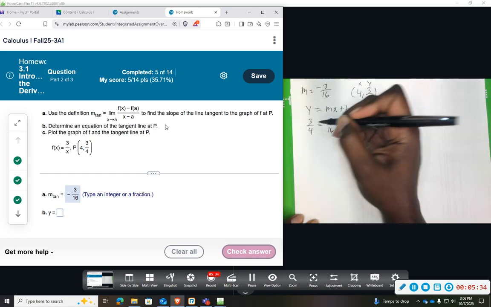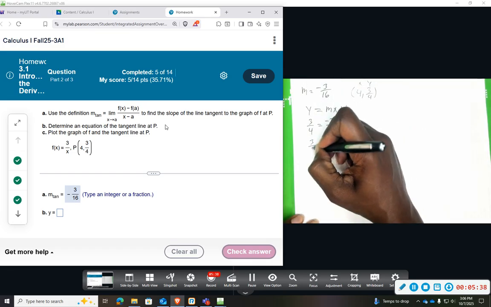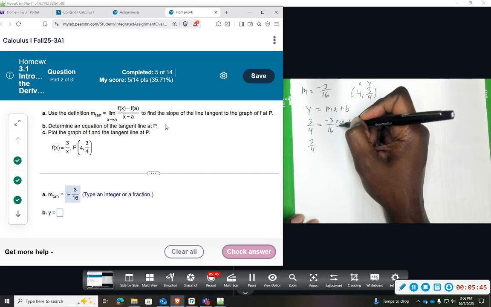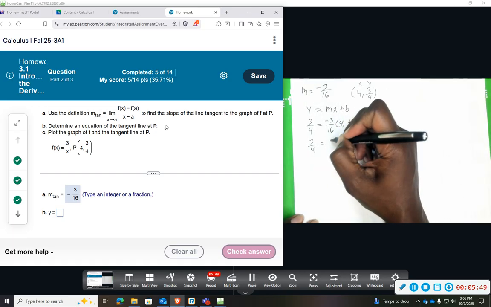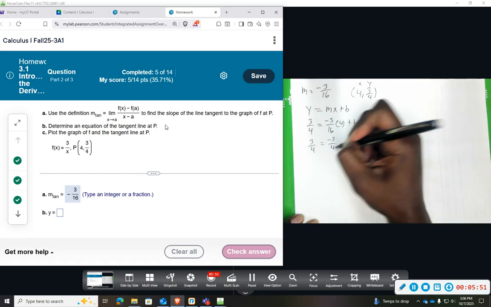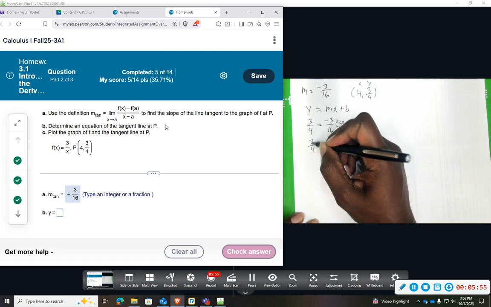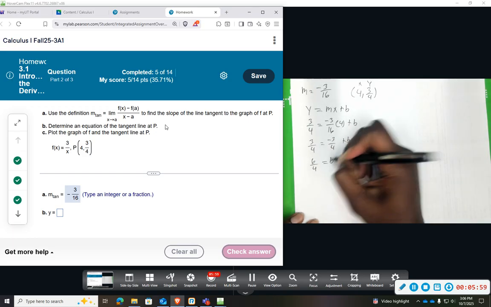So this will give me 3/4. If I do 4 divided by 16, because that's what's happening, you can multiply or you can reduce, and reducing is going to help. That will divide out and give me negative 3/4 plus b. And if I add 3/4 to both sides, that will give me 6 divided by 4 equals b.